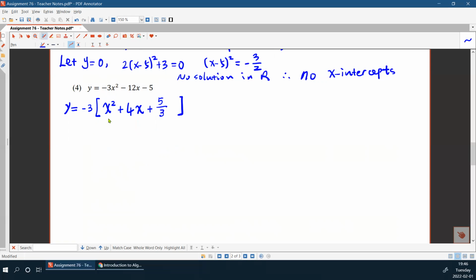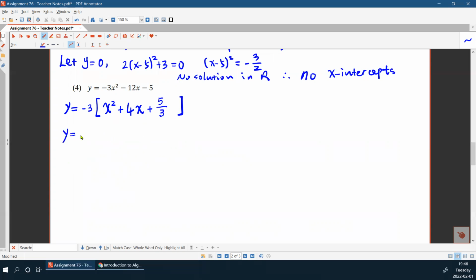Okay, next step is to rewrite the expression in the brackets into a squared binomial. We already have x squared here. Remember that the term in the middle should be rewritten as 2 times x times something, right? Apparently 4x is 2 times x times 2, so this is the other term. So you can try to rewrite this as (x plus 2) squared, right?